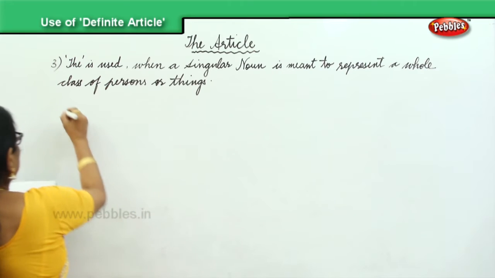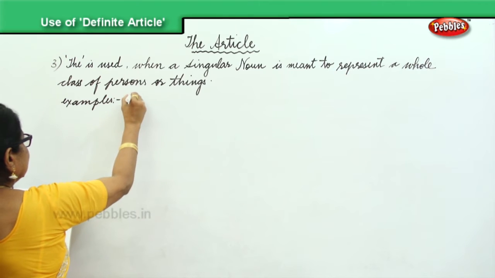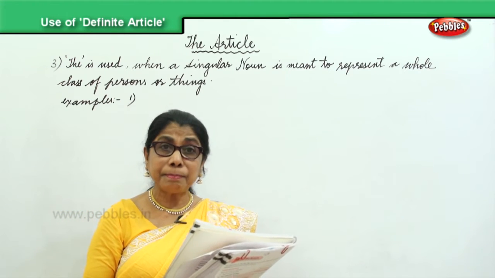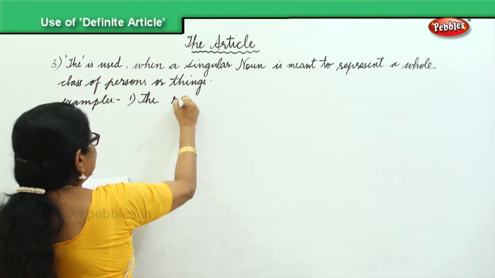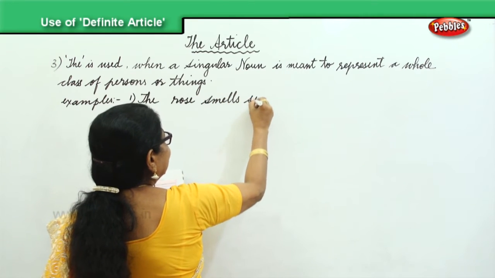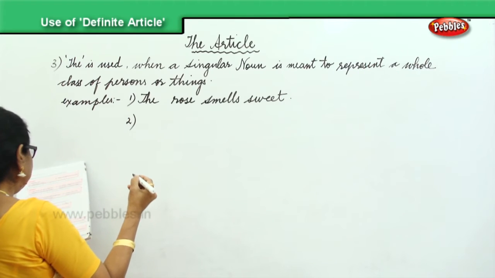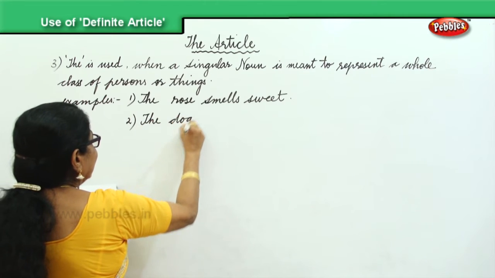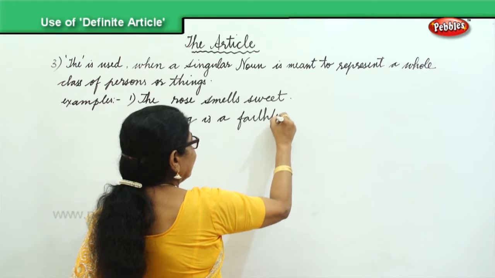Now your examples are: The rose smells sweet. The dog is a faithful animal.